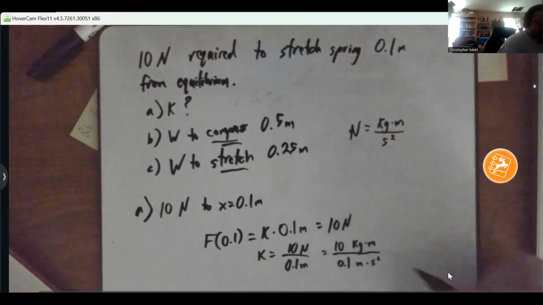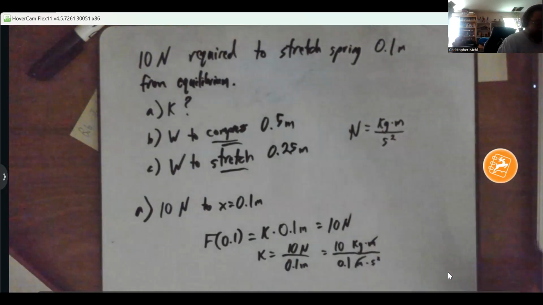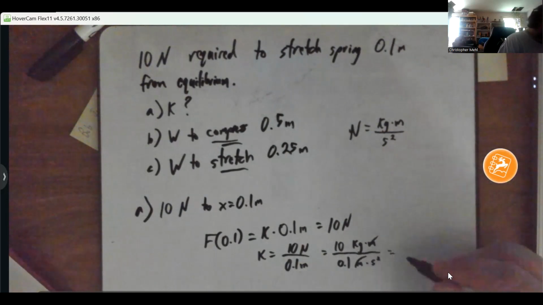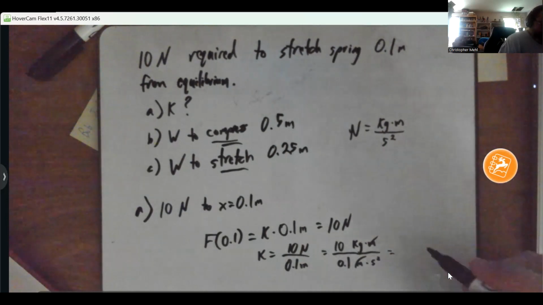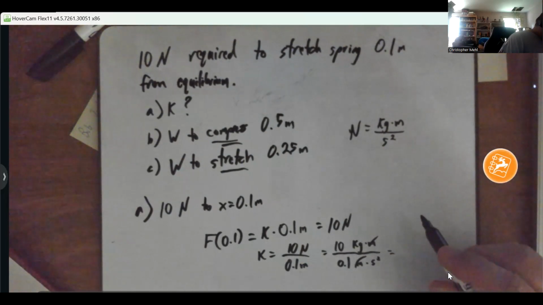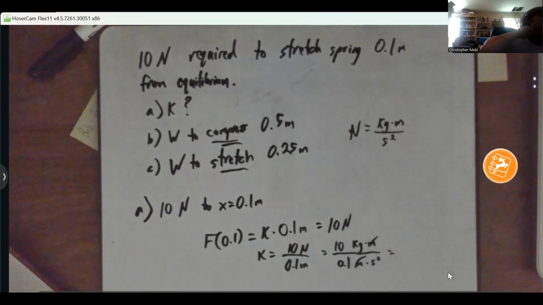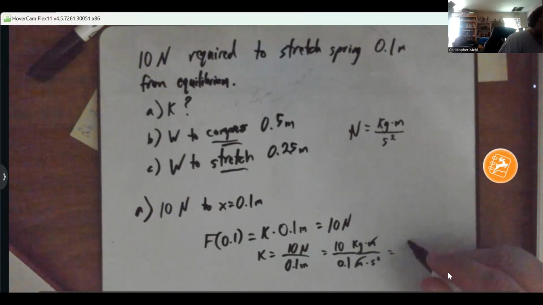And then there's the second squared down there, if you care about that. Well, the meters are going to cancel. Oh, sorry, 10 divided by 0.1 is going to give you a k of 100.